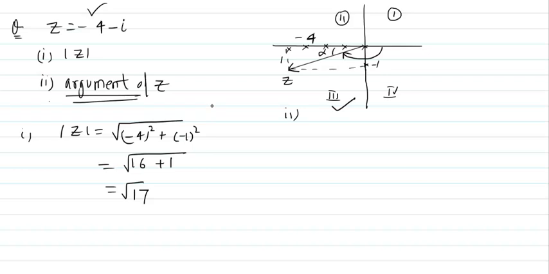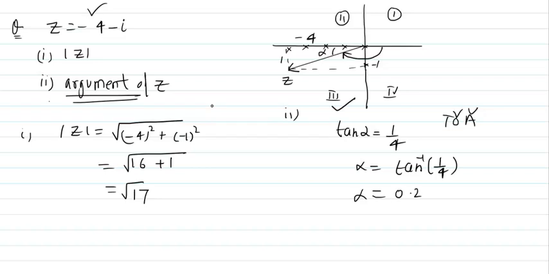When you are finding tan alpha, guys, remember, don't put minus 4 because we are already taking into consideration that it is negative. So tan alpha is 1 over 4, like TOA, opposite over adjacent. So alpha equals tan inverse of 1 over 4, in radian mode. If you put the value in the calculator, alpha is 0.2449. Okay, is that fine?